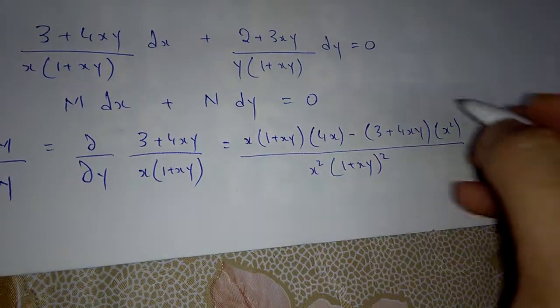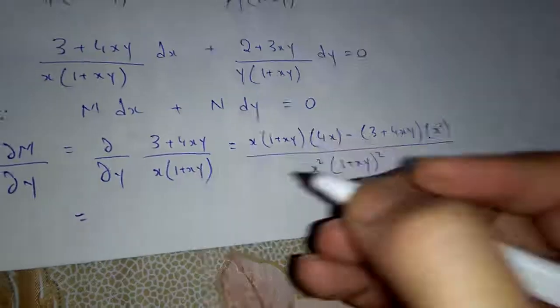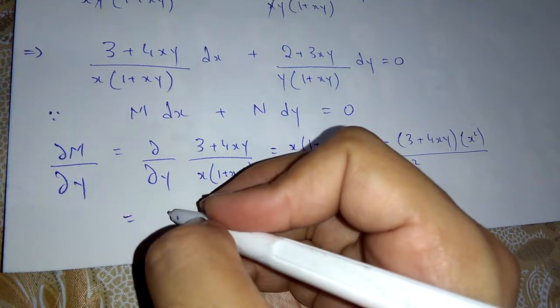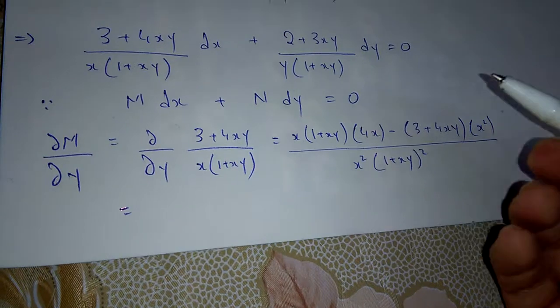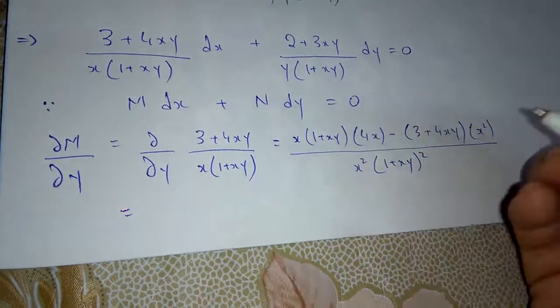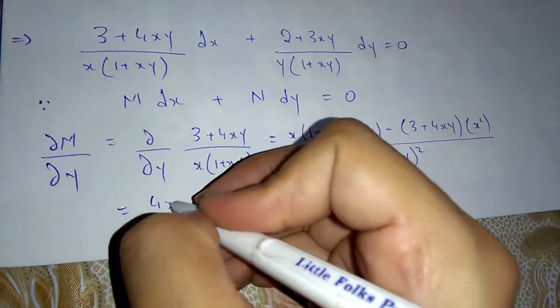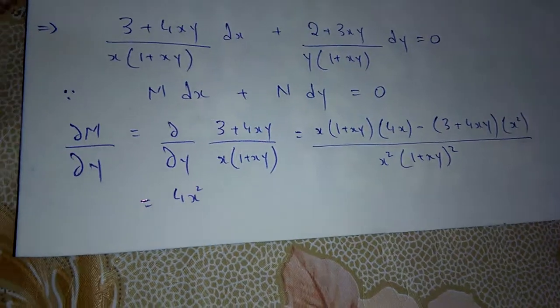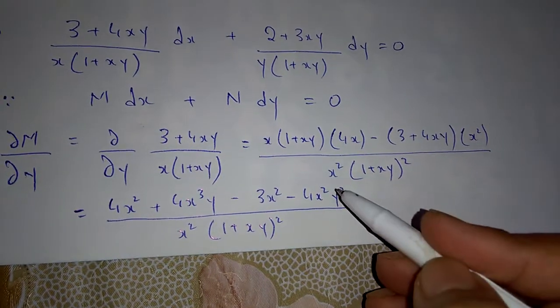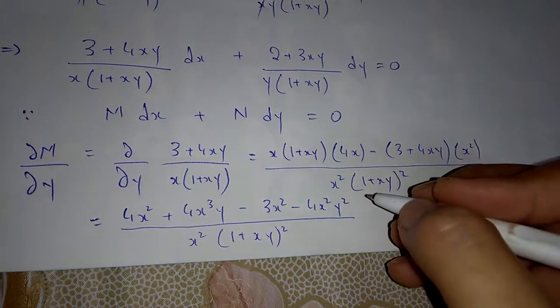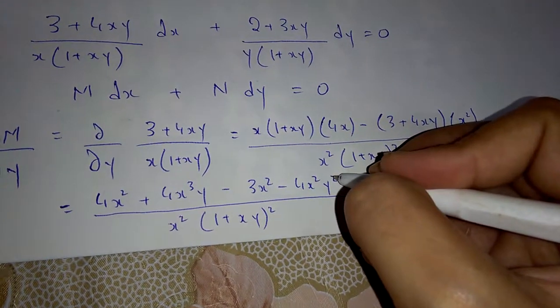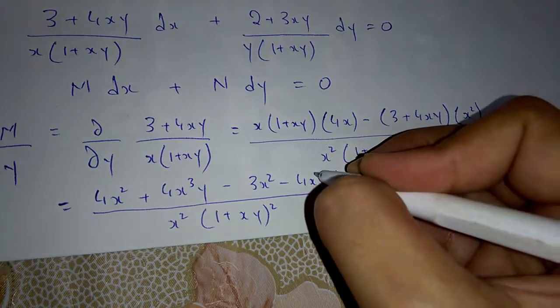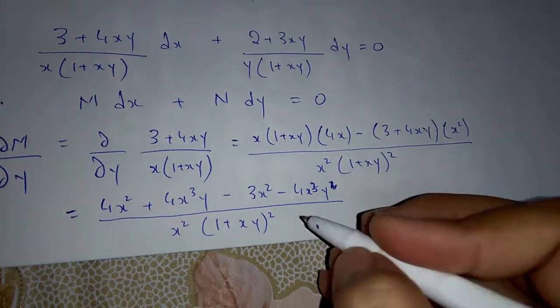Okay, so we are going to simplify this now. When we simplify, we are going to get our answer. I'm not doing that step, I'm directly writing it down. Okay, so here you can see that I made a little mistake. I'm sorry, it's x cubed y.